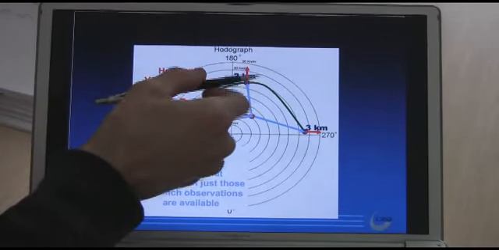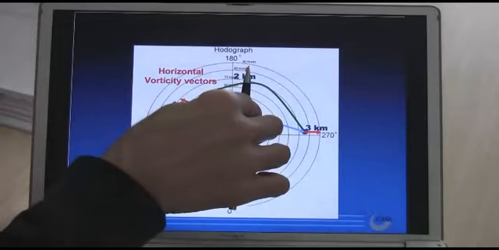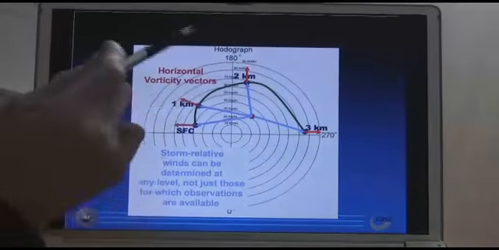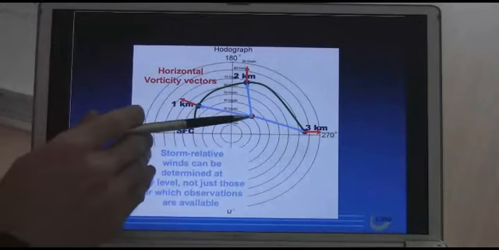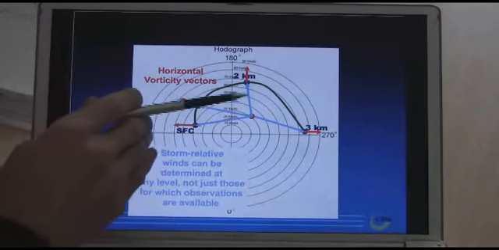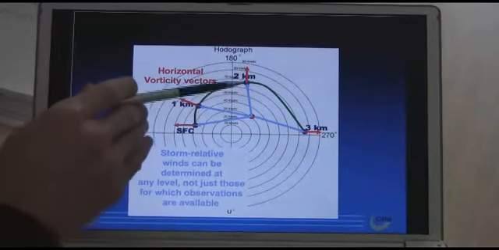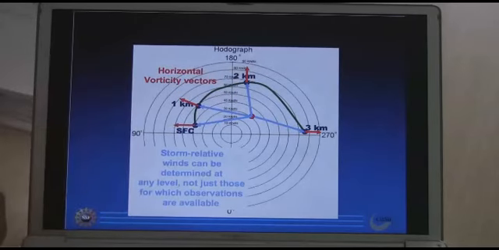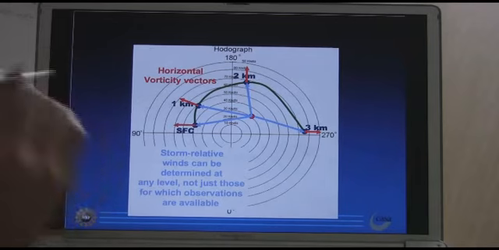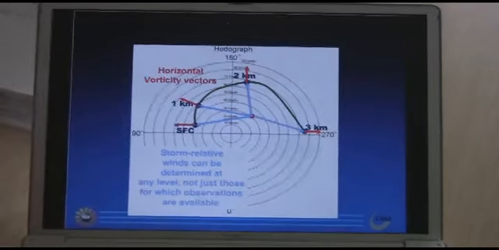So the horizontal vorticity vector is 90 degrees to the left of that. What you see here is, at every level, almost a perfect alignment between the storm relative wind vectors in blue and the environmental horizontal vorticity vectors in red. And that's what we said we wanted, that rough parallel alignment.